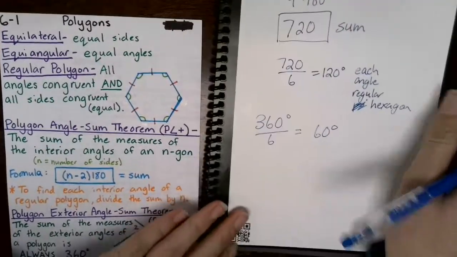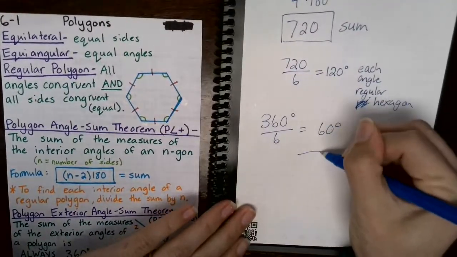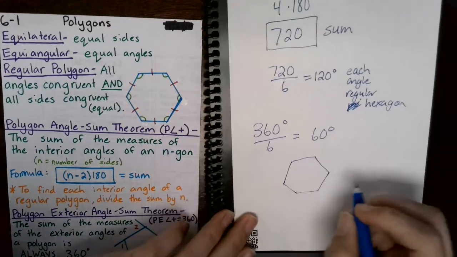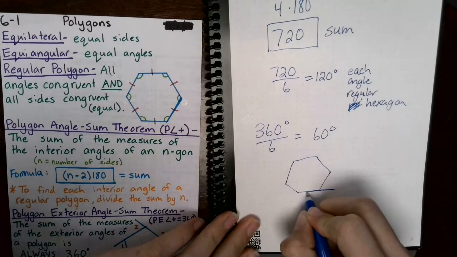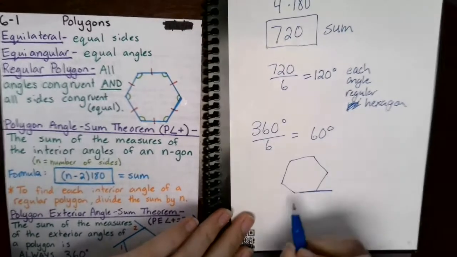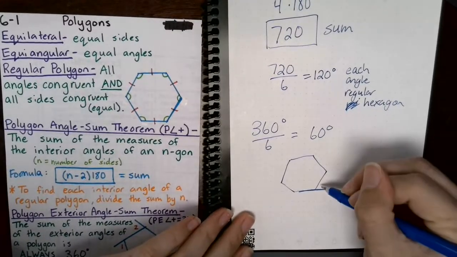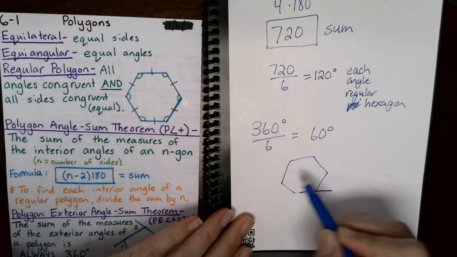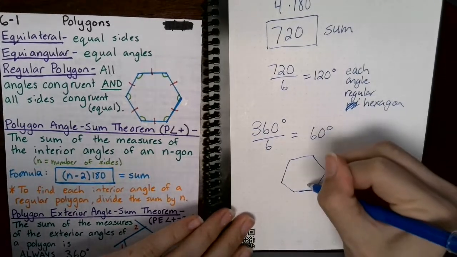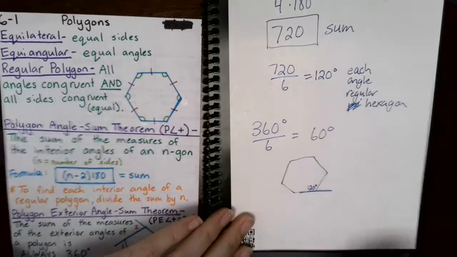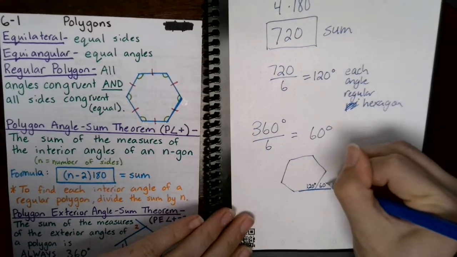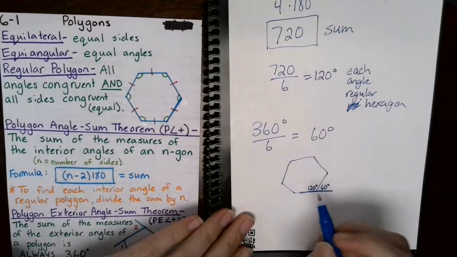Now I'm going to show you guys why this makes sense. So I'm going to draw this out again. It's going to be much worse than I drew it the first time. Now, if I extend one of these sides right here, this is my interior angle, this is my exterior angle, right? We found, if this is a regular hexagon that I drew, each interior angle is going to be 120 degrees and each exterior angle is going to be 60 degrees, which I'm assuming here.